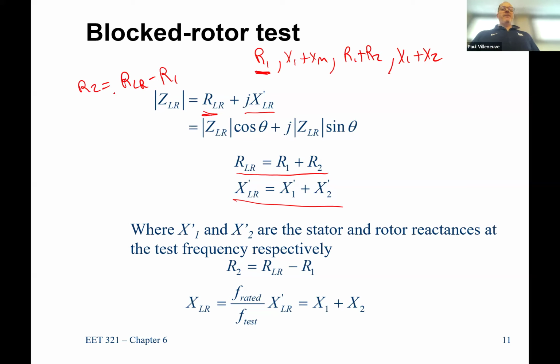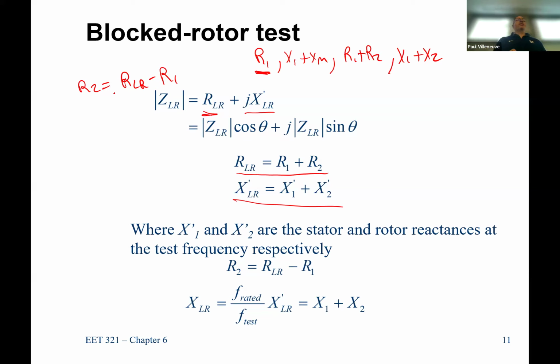Can I do the same thing for X1, XM, and X2? How many equations? I know what X1 plus XM is, and I know what X1 plus X2 is. How many equations?